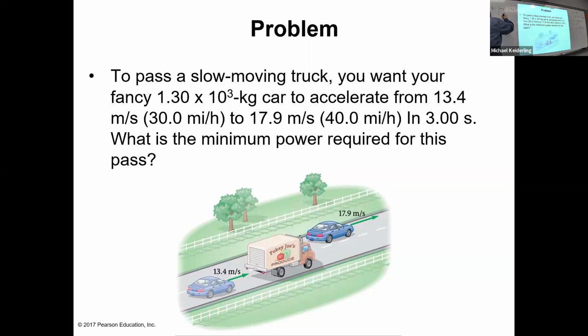That's going to be 1/2 times 1.3 times 10 to the third times 17.9 meters per second squared, minus 1/2 times 1.3 times 10 to the third times 13.4 meters per second quantity squared.